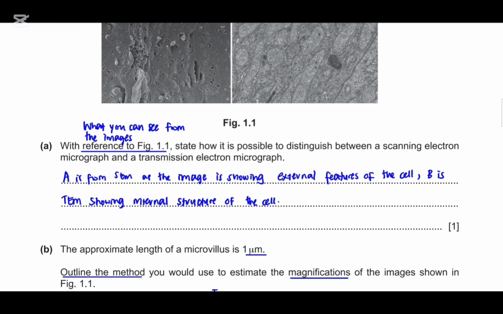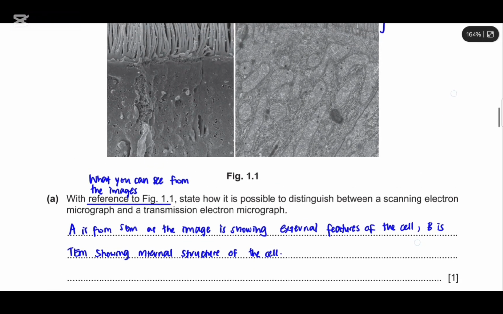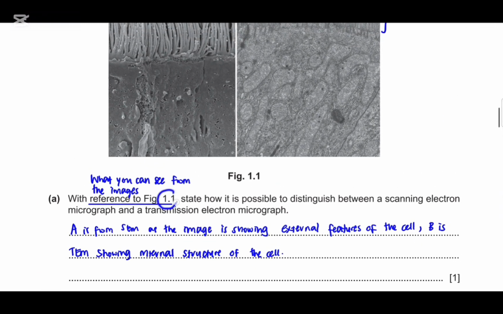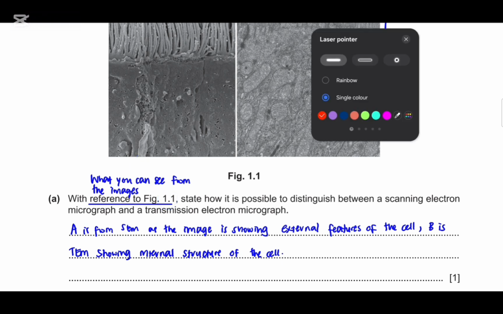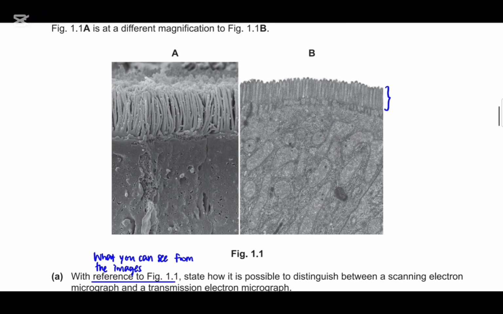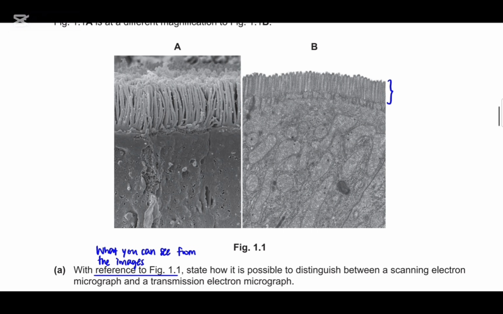All right, so the point that I mentioned here is the one that we can see. When they say reference to figure 1.1, that means you must refer to what you can see from the images themselves. So in A, A is basically the image from the scanning electron microscope.